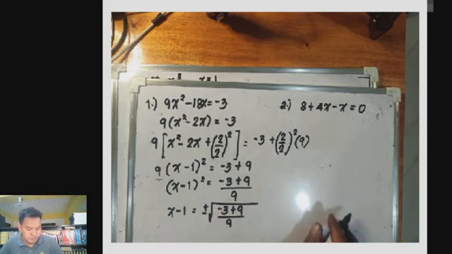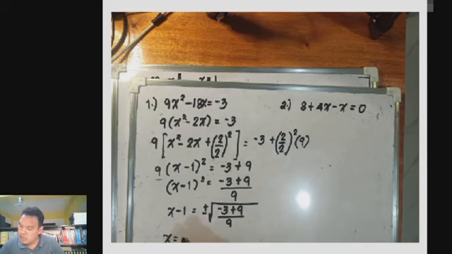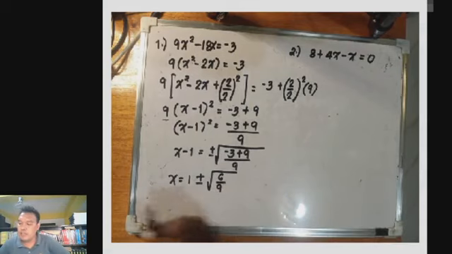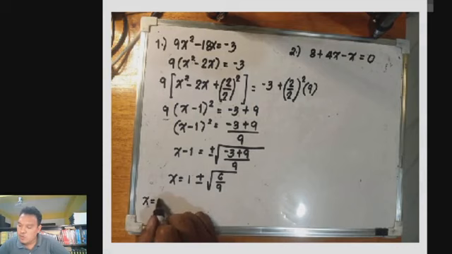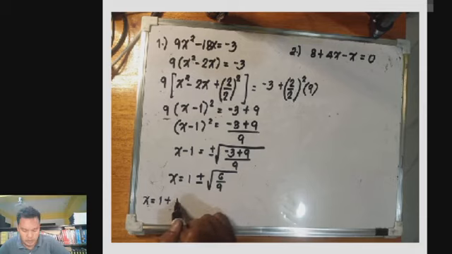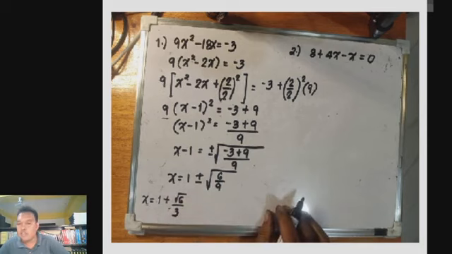So we have x equals, when moving the 1 to the other side, 1 plus or minus the square root of 6 over 9. Then the square root of 9 is 3 here, so it becomes the square root of 6 over 3.